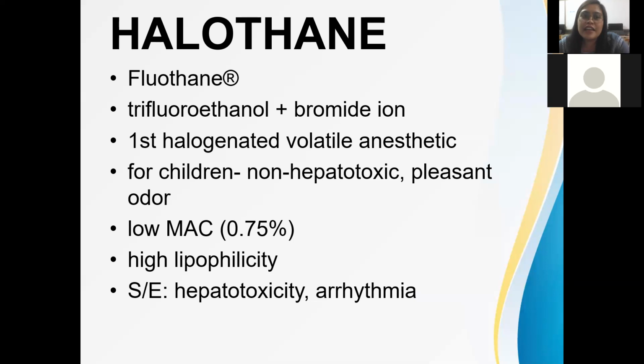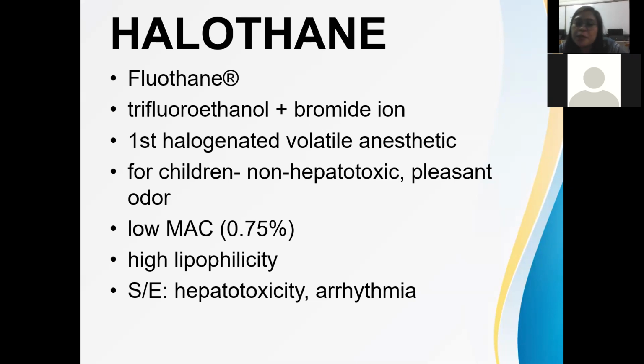Now, halothane is, the opposite, for children it's non-hepatotoxic. But in adults, halothane can actually be toxic to the liver. So halothane is used for children during surgery because of its pleasant odor. It has the lowest MAC, only 0.75%.